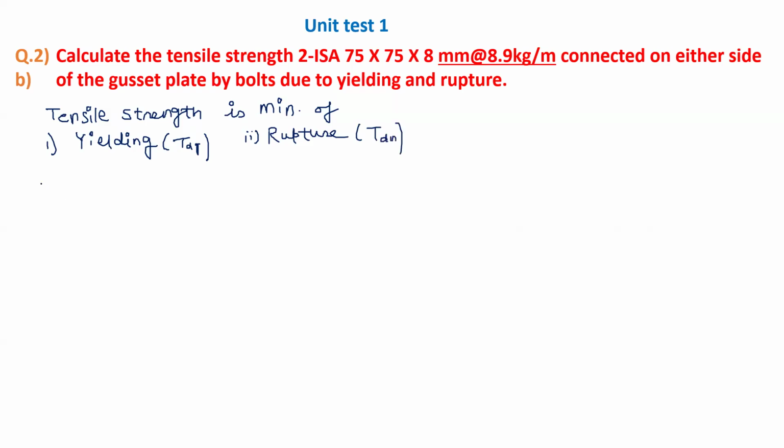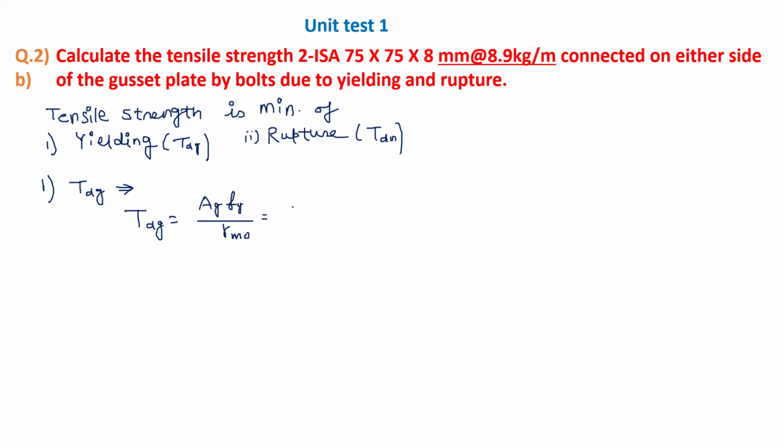So now we will first go with TDG, and we have the formula TDG is equal to AG Fy upon gamma m0.